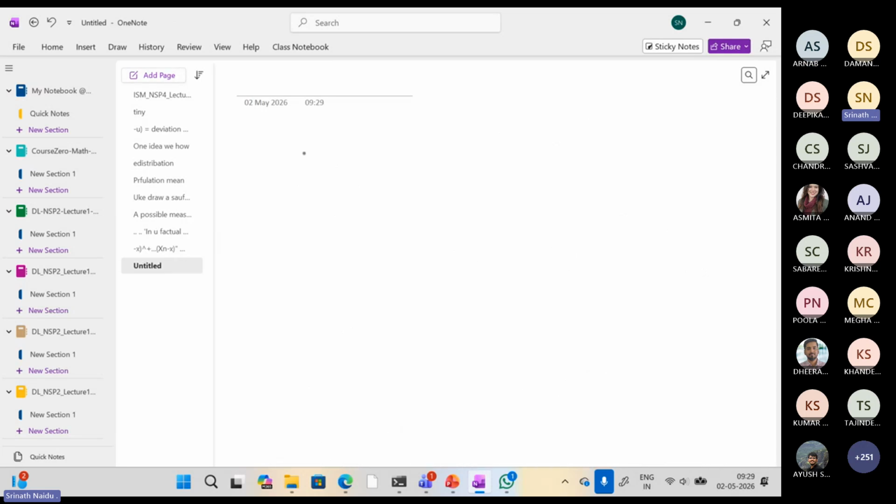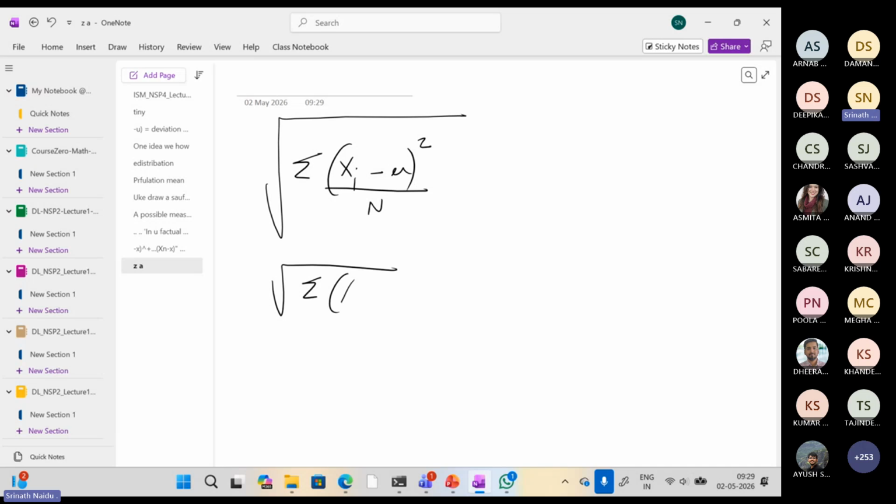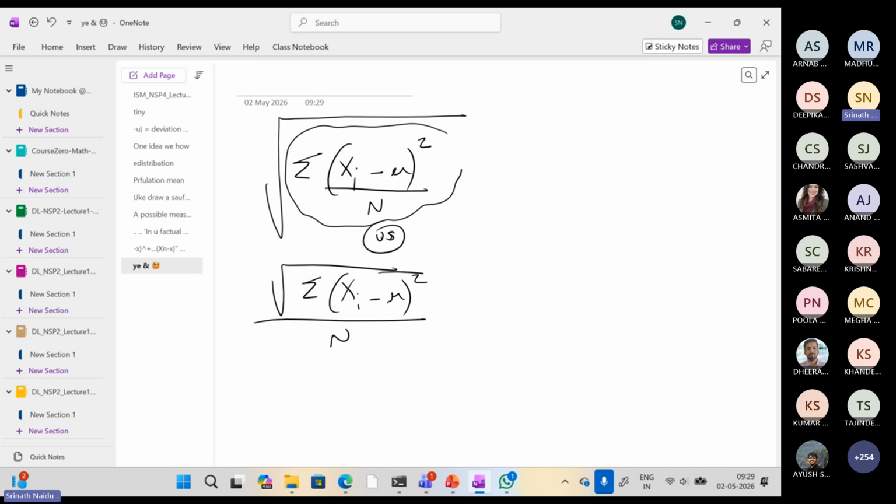Add a page. So your point was, if I take sigma x i minus mu, we are taking the root of the denominator? One sec. Suppose we take the square root of sigma x minus mu the whole squared and divide by n. Now this guy over here is the average squared deviation.